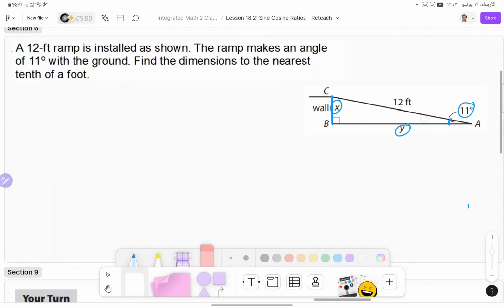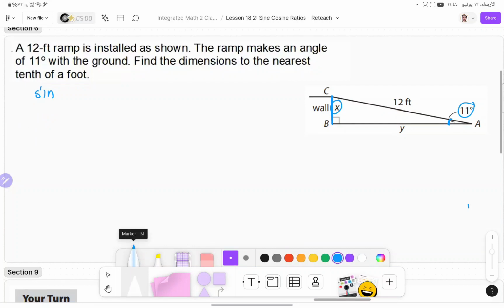Now let's start with finding x. What trigonometric ratio can I work with? Should I use sine, cosine, or tangent? If you don't know which one to use, just try all of them.